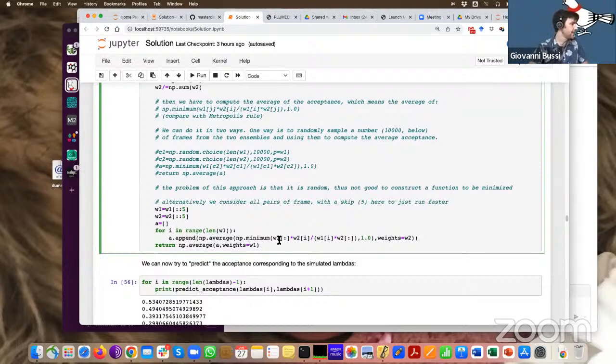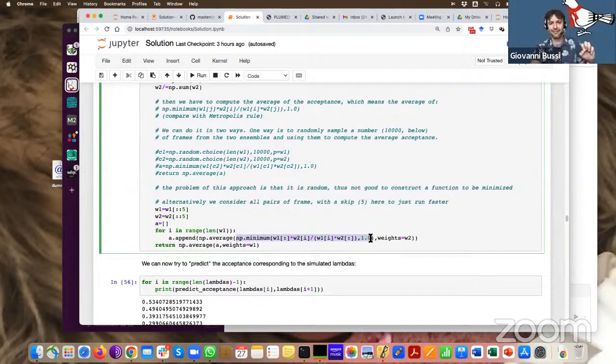So I have to compute an average with weights W1 and W2, like an external product between the trajectory itself. The function that I should average is the minimum between 1 and the product of the probabilities swapped, divided by the product of the probabilities not swapped. This is the formula to compute the acceptance. Does it make sense?